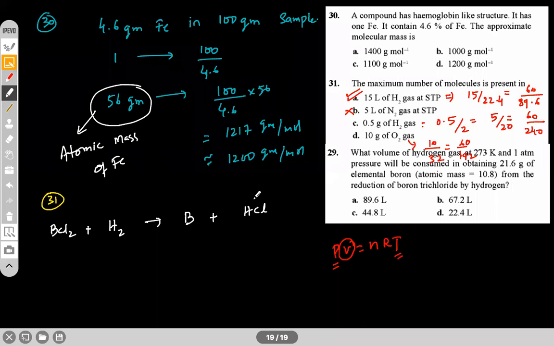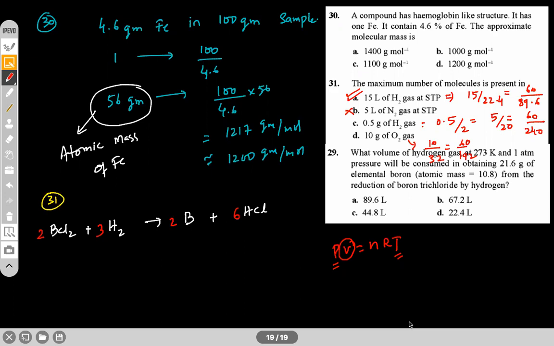Could you tell me the balanced chemical reaction? 2326, is it? Okay, 2326. What is this 2326?